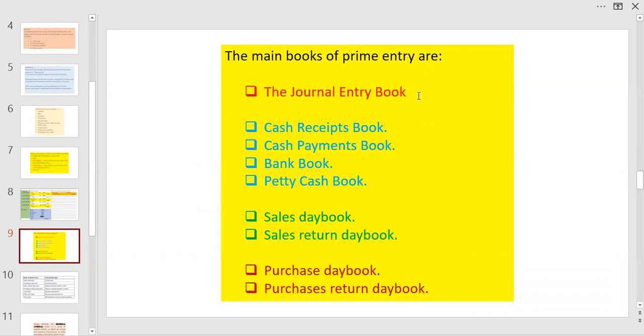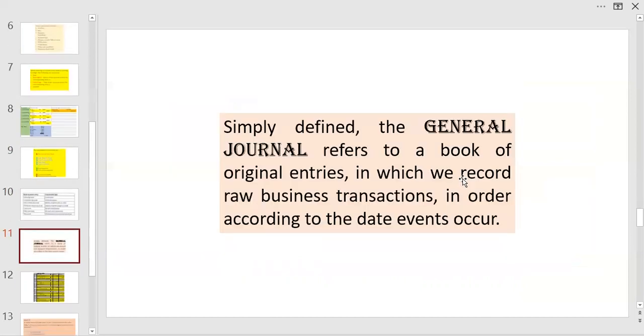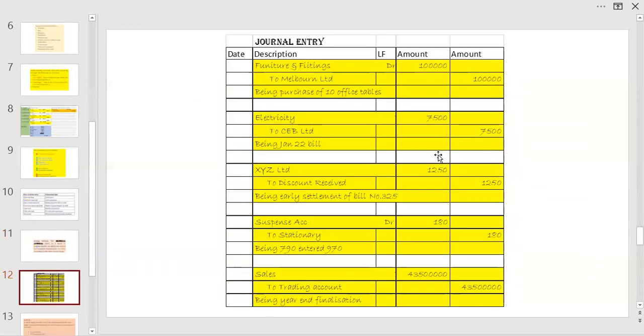A few general journal entries are shown here. If you see, the first one is talking about purchase of non-current assets. Second one, provision of an accrued expenditure. The third one is discount received.